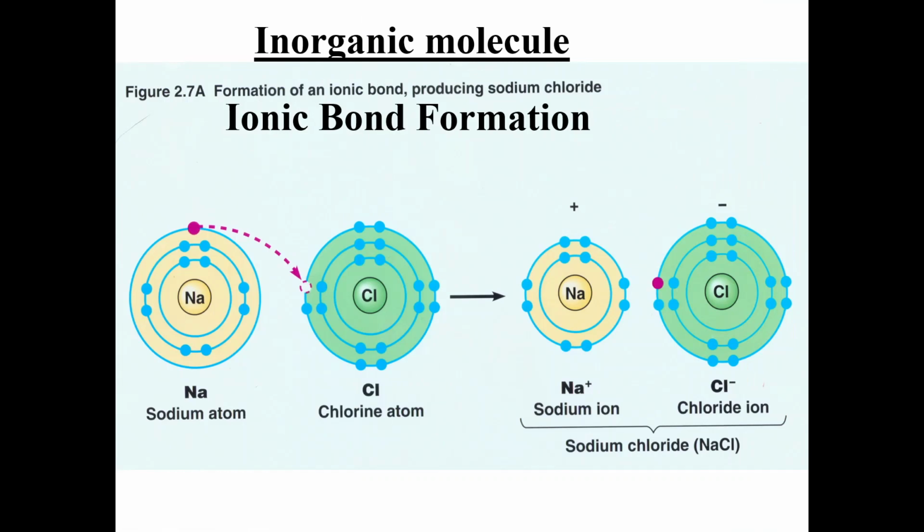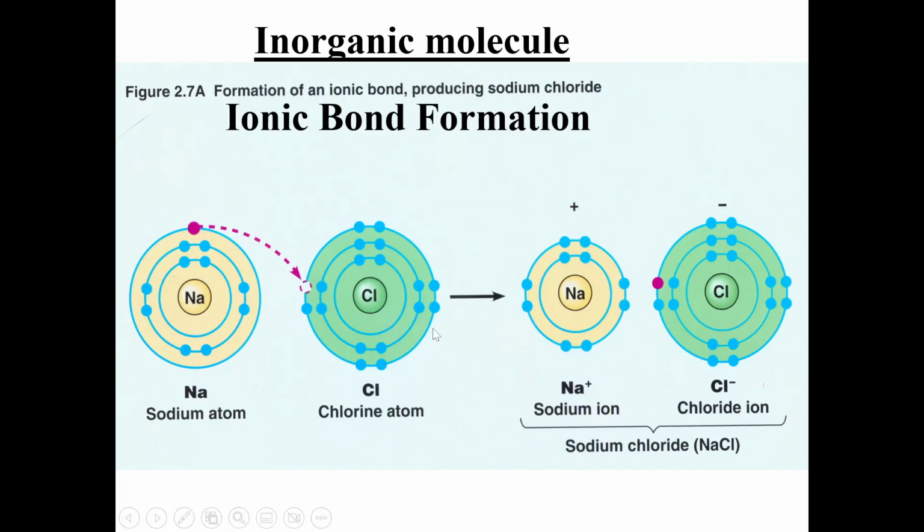But let's talk about ionic bonding, okay? Ionic bonding is going to form from oppositely charged ions. And so sometimes it would be something like a non-metal and a metal. Over here we have the formation of sodium chloride, right? A salt. And so you actually have sodium giving its electron out to the chlorine atom.